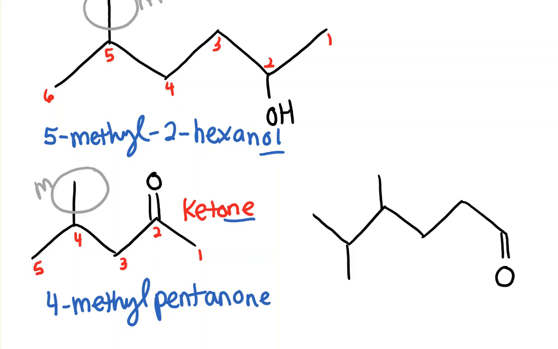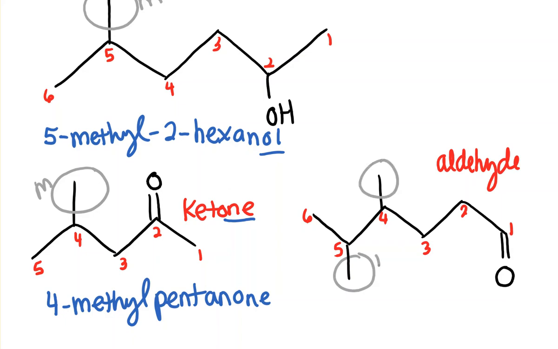Okay. Next one. This one is an aldehyde. And we're always going to number from this end, the end with the functional group. This one has 2 branches, both methyls. When I name it, I'm going to start with the branches. I need to give a location for each one. I'll say 4, 5.